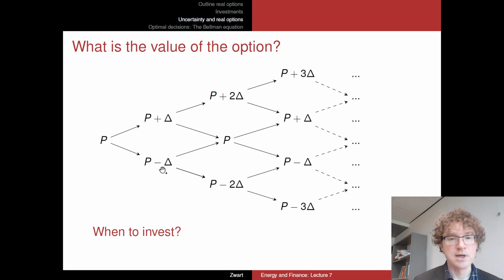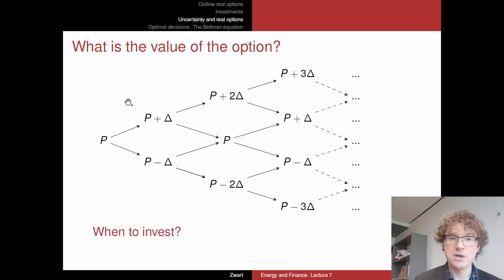Similarly here: if we end up next year at P minus delta, price might recover and go back to P, or it might decline further to P minus 2 delta, and so on. This whole tree extends all the way until infinity, and prices might go all over the place.